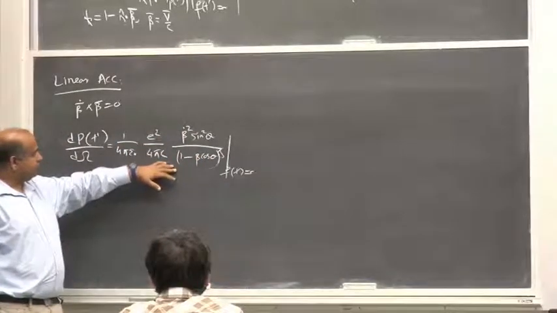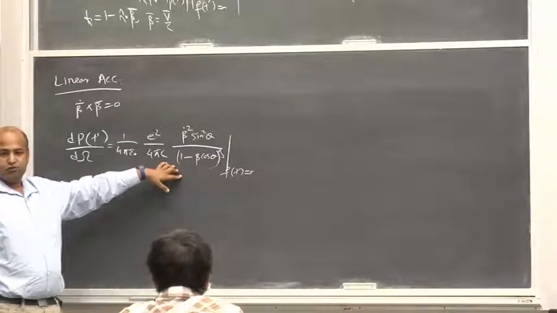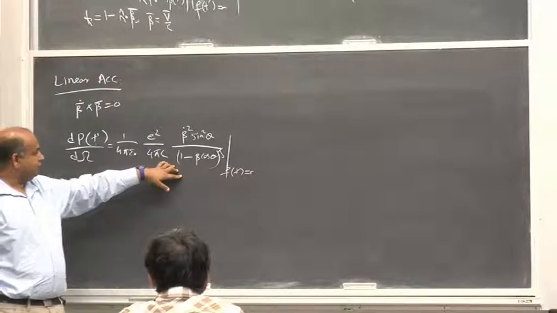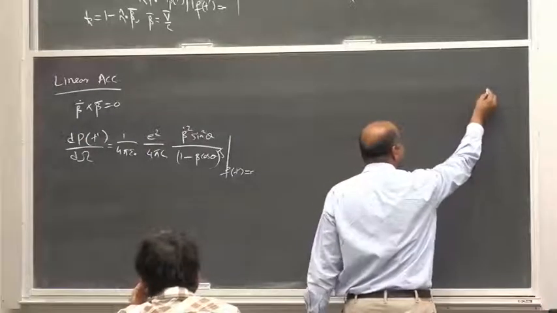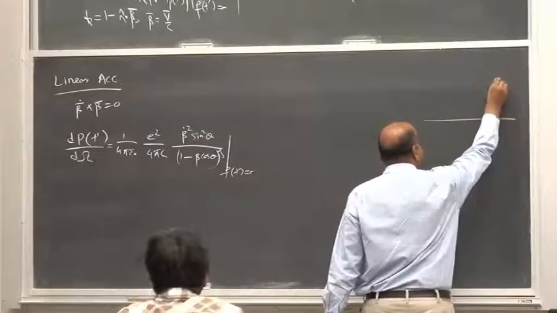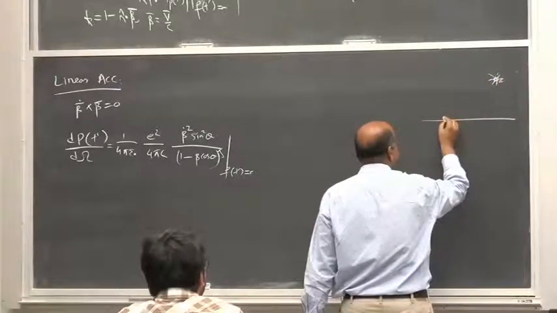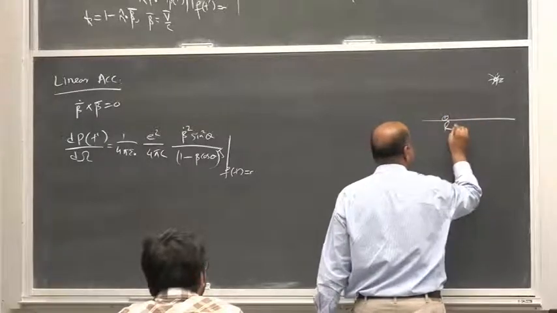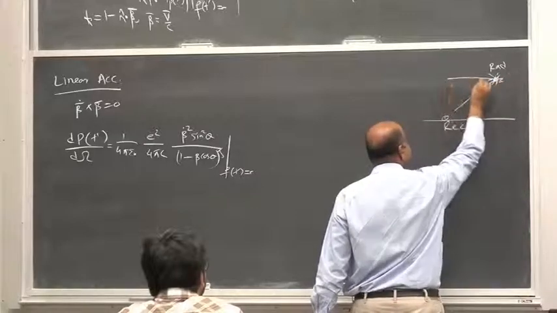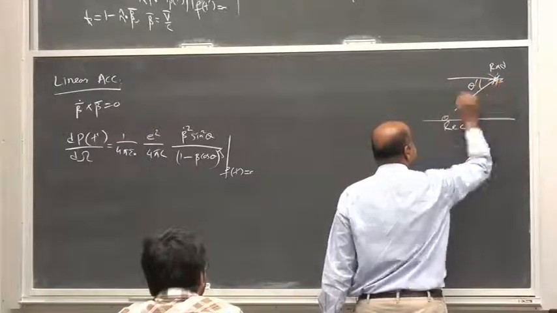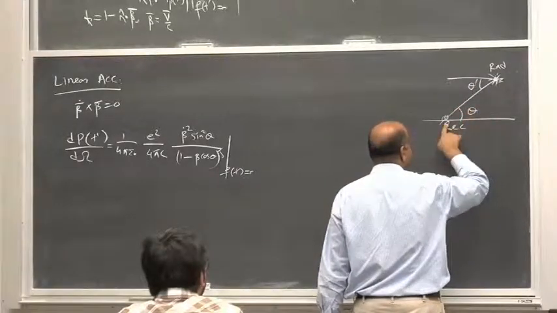अगर आप इधर जाकर अपने उन नोट्स को रिवाइज करें जहाँ पे हमने डॉपलर शिफ्ट देखी थी, तो you will realize कि when we had, let's say, ये सिचुएशन हमने क्लास में देखी, there is this radiator of light and then there is a receiver here. So if this one radiates at an angle theta prime in its own frame, this sees radiation at an angle theta in its frame.